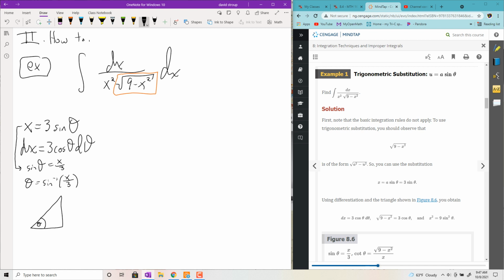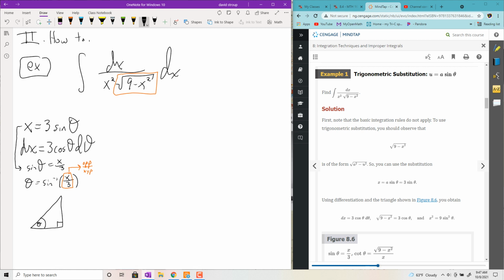The input of sine inverse would be the output of sine, right? So sine as a ratio of sides of a right triangle is opposite over hypotenuse. So this input material here must be in the form opposite over hypotenuse. So that's what you put on your triangle on those sides.